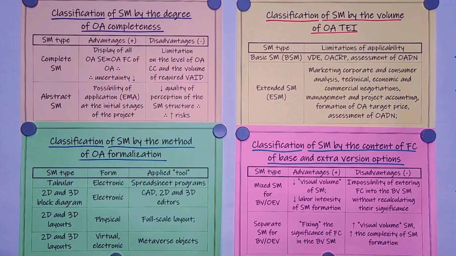The logic of this classification, the next classification, completely follows from its name, i.e. we divide structural models and functional models into 2 types: mixed structural and functional model of basic and optional extroversion, and separate structural model of basic and structural model for optional extroversion, in accordance with the presence of the structural model of carriers, of function carriers, corresponding to the basic and optional extroversion of the object of analysis.